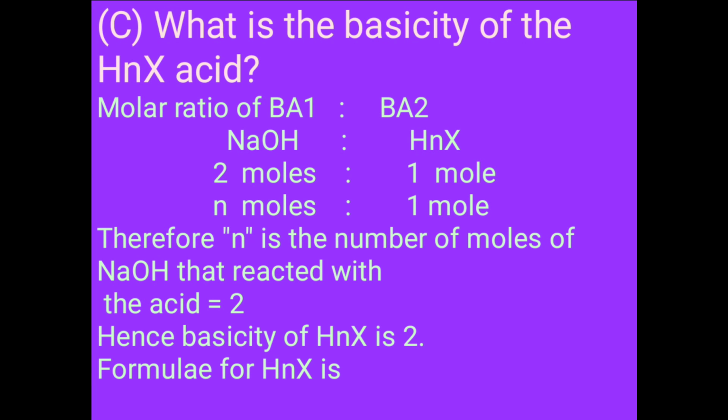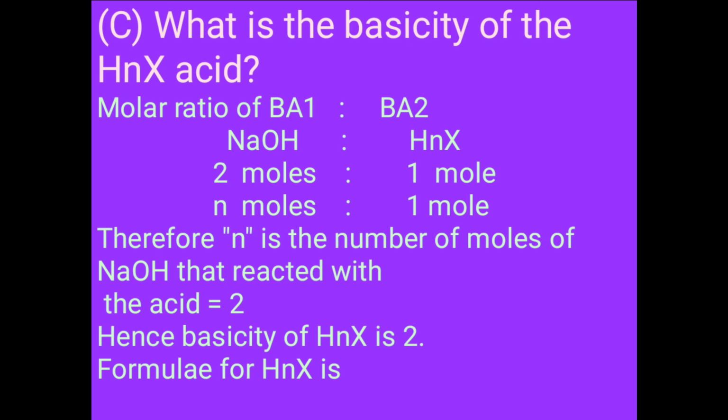Question C is asking what is the basicity of the acid HNX. This basicity can easily be calculated from the molar ratio. The molar ratio, fortunately, is provided to us. They have told us the molar ratio of Ba1 to Ba2, which is sodium hydroxide to HNX acid, is 2 to 1.